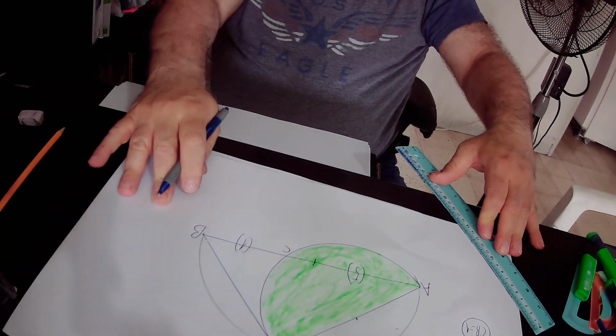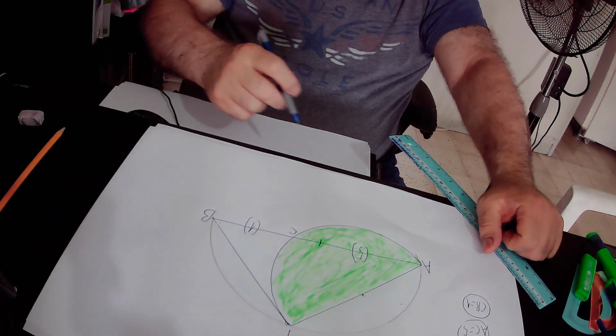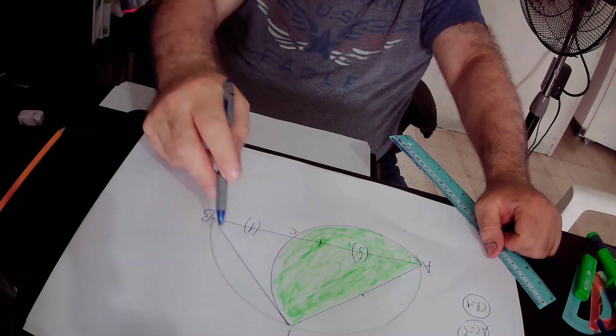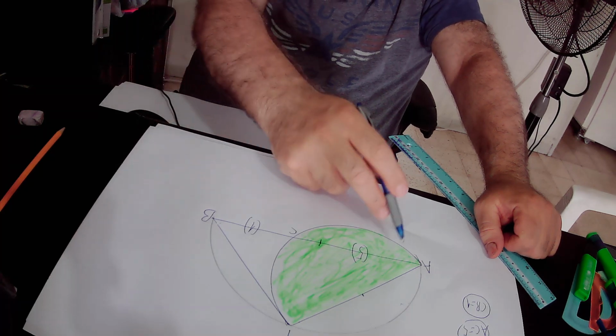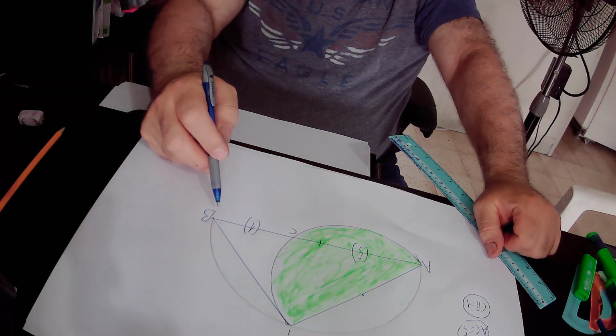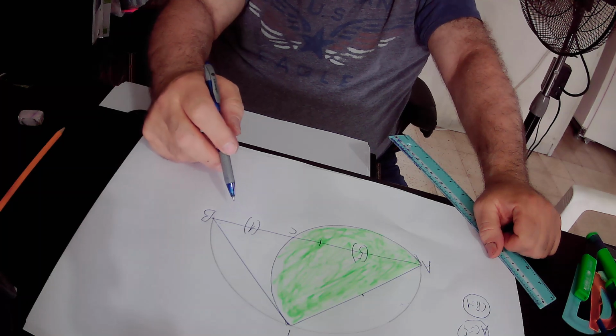In the next step, I'll copy the white semicircle in a new page with the angle that we created here, and we will analyze the white semicircle.